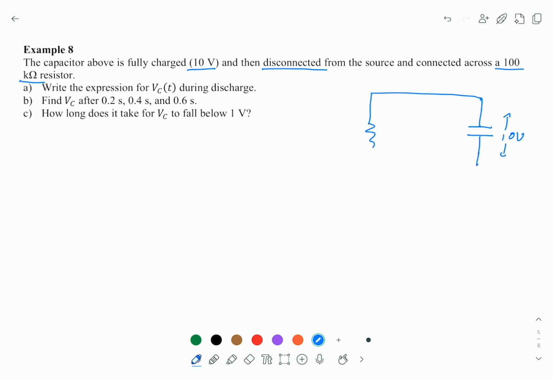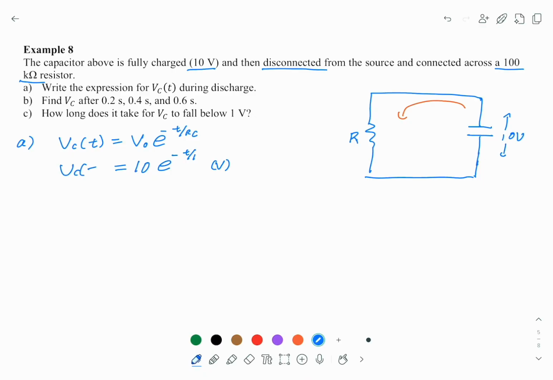Once you close the circuit, the discharge current will flow through the R. A, the voltage across the capacitor, of course, because the charge will disappear from the capacitor, will drop. So it starts from V0. Assume this follows example number 7. So this is 10 e to the minus t over 1 second. This is in volts. This is Vc as a function of t.